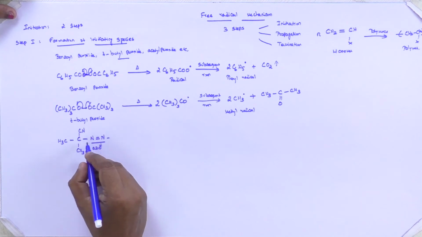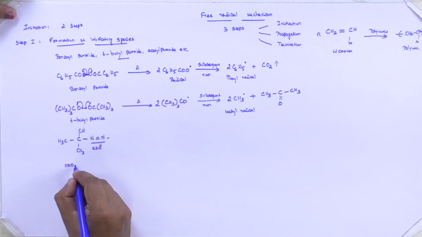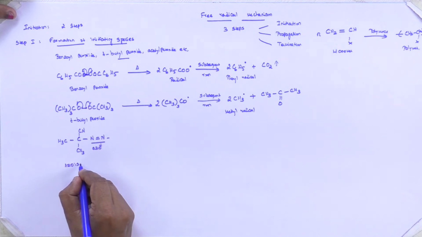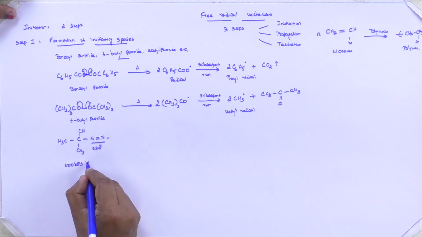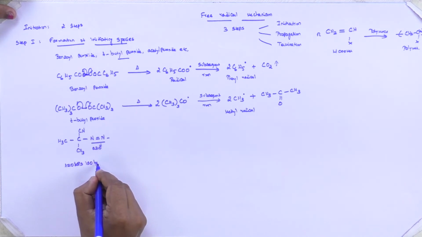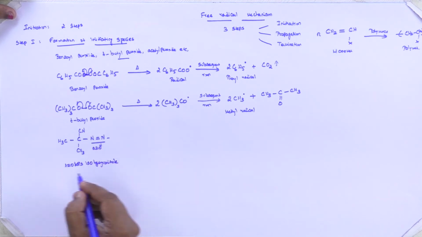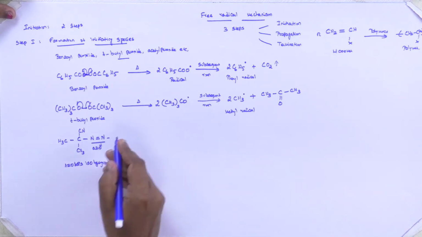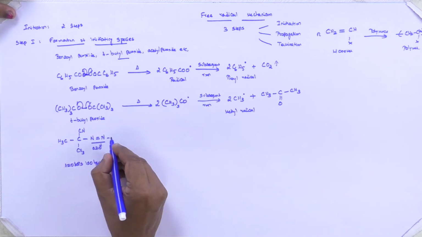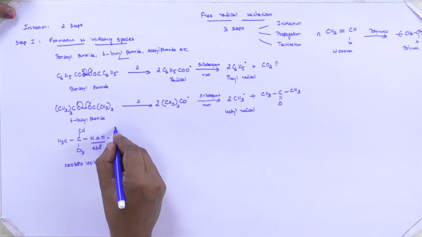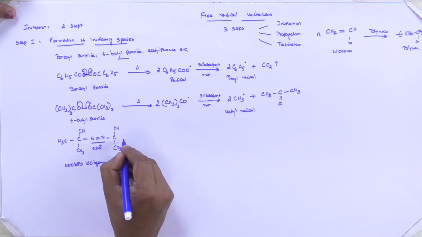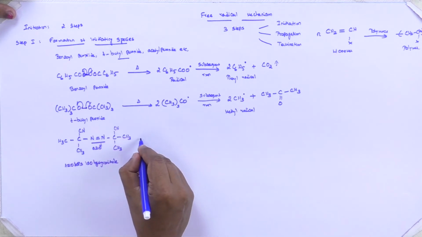This is azo bis isobutyronitrile, and we have two molecules of this, with CH3 and CH3.